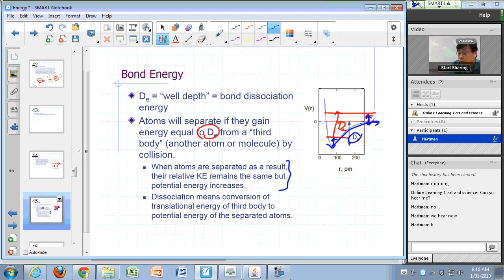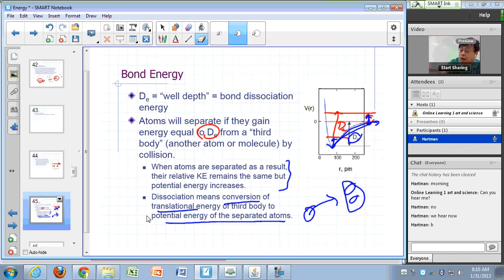You're converting the translational energy of your third body, the atom that collided with the pair, into potential energy of the separated atoms. So the energy of a third body becomes potential energy of this pair of atoms that got dissociated. Similarly, if you want to form a bond, if you want two atoms to get stuck, then they have to lose energy to a third body.